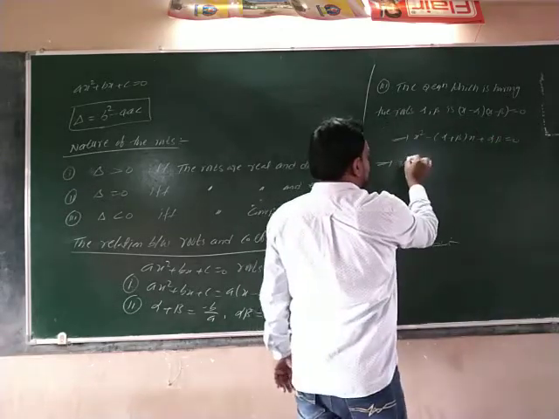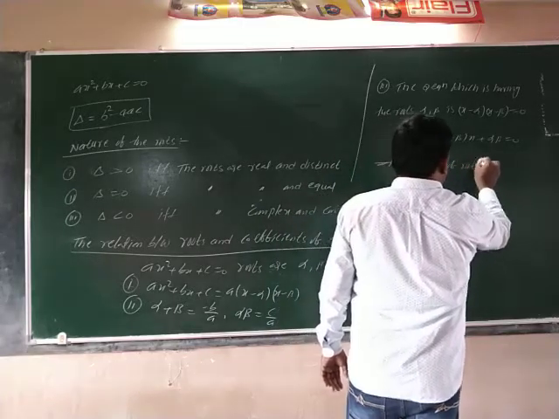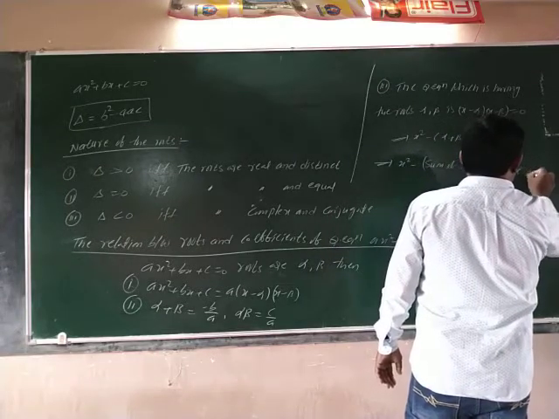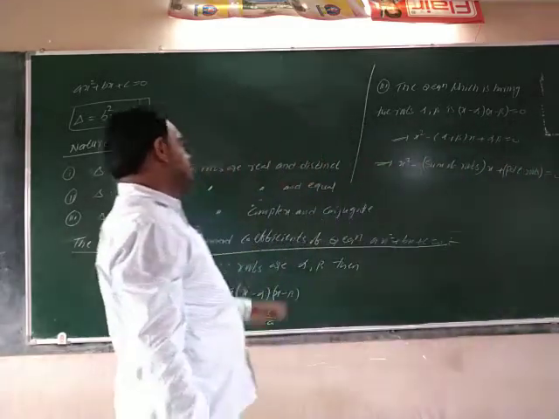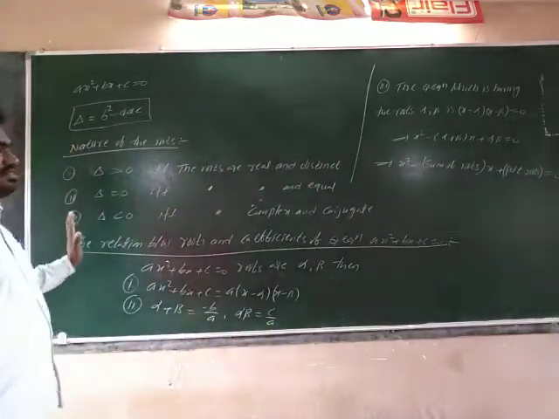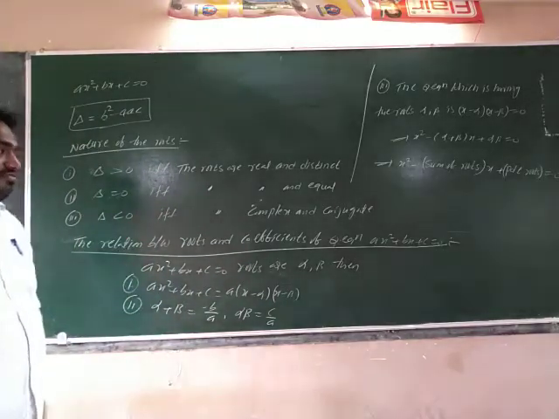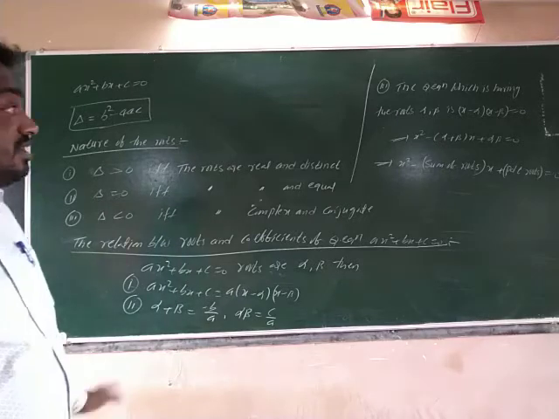That is x square minus sum of roots into x plus product of roots equal to 0. So you have to remember at minimum these concepts. With a calculator also we can easily solve problems on quadratic equations, because the quadratic equation topic is very important. Okay, the quadratic equation and complex numbers topic is now finished.